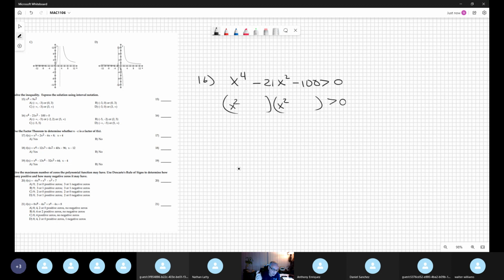But to do it fast, it's 25 and 4, because 25 times 4 is 100, and 25 minus 4 is 21. What signs? Negative and positive. Make sense?